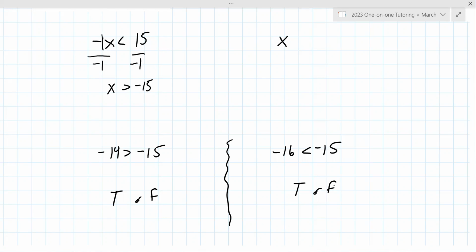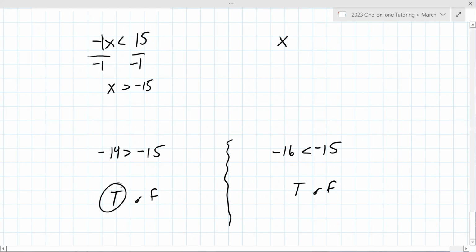Okay, the one on the left is true. The one on the right is false. All right, so here's minus 16, here's minus 15. Is minus 16 more to the left of minus 15? Yes. This one is also true.